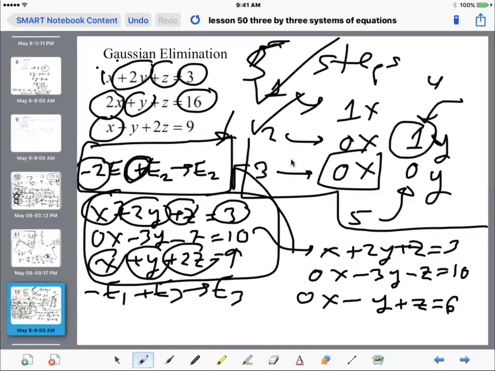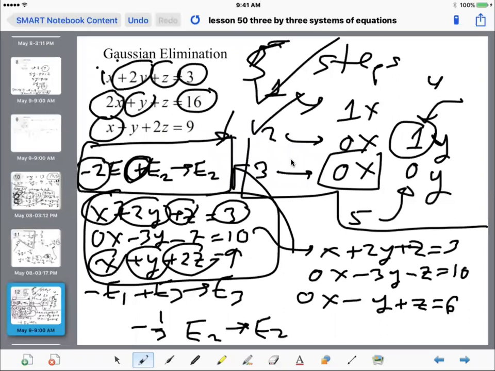But someone give me the 1-step way. That's right. Divide E2 by 3. It should be negative 3 though. So you could do, and I'll write it this way, negative 1/3 E2 turns into E2. And that would be fine.